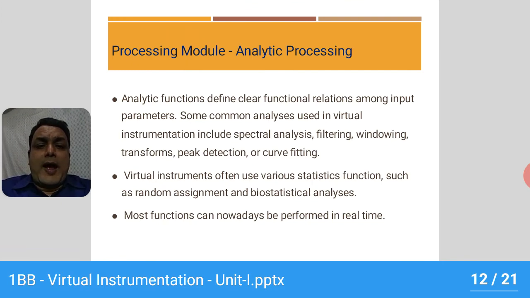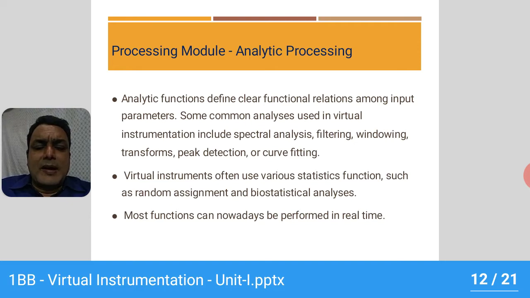Now, as we discussed in the last slide, the processing module consists of two types of processing. One is analytical processing, and the second one is called artificial intelligence processing. Analytical functions define clear functional relations among input parameters. Some common analyses used in virtual instrumentation include, most frequently, spectral analysis, filtering, windowing transforms, peak detection, or curve fitting.